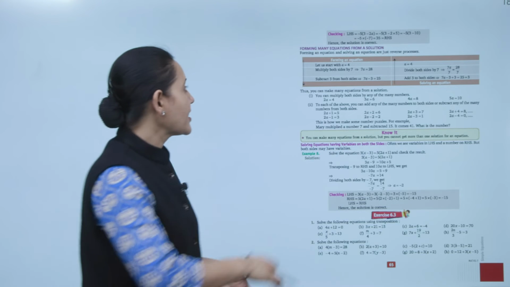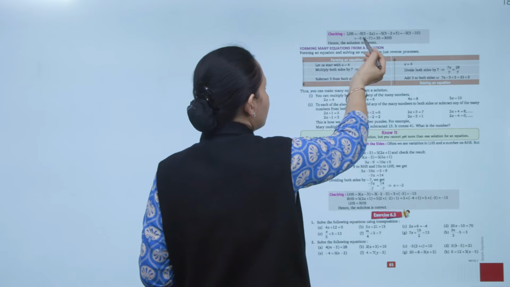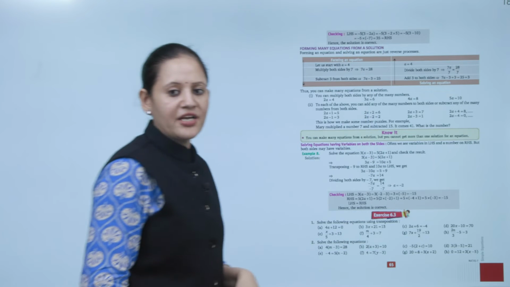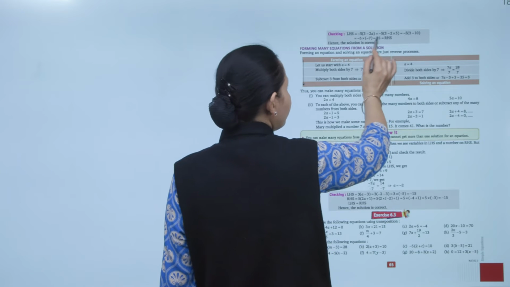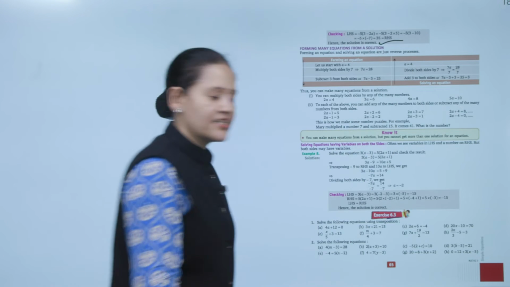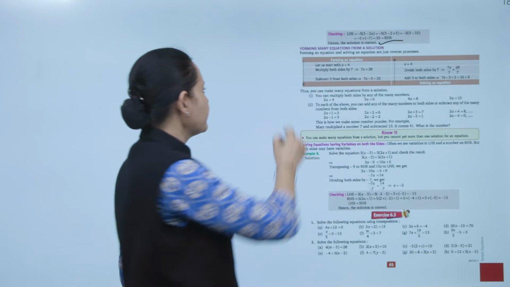Next, checking. On the left-hand side, minus 5 times (3 minus 2a), we will put a equals 5. So we will get 35. That is our right-hand side. That means our solution is correct. Clear?